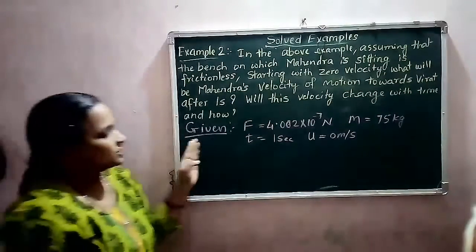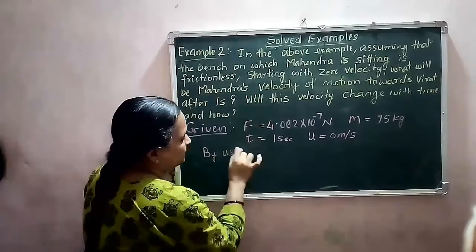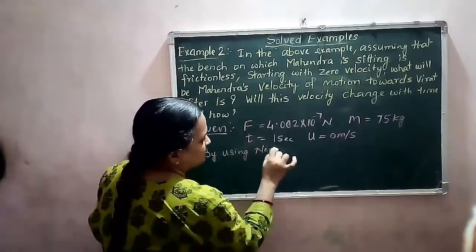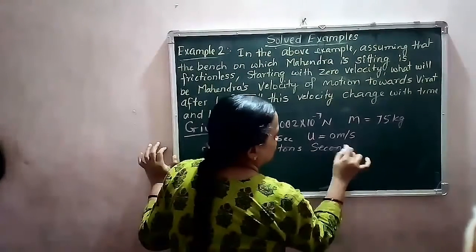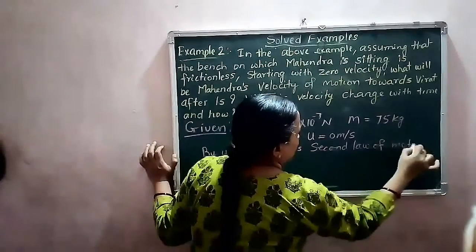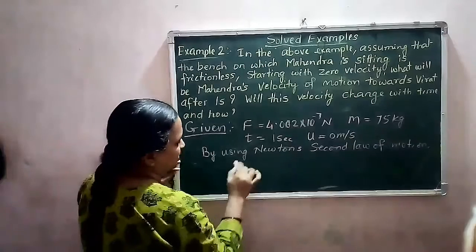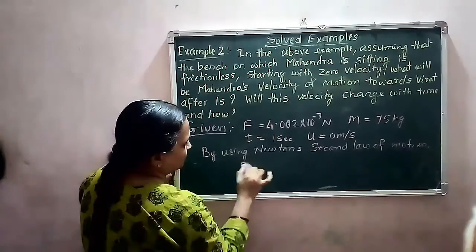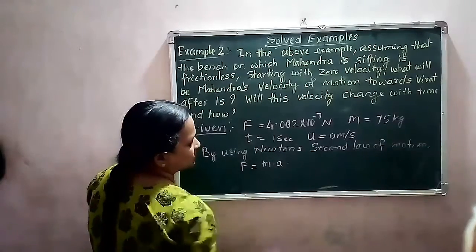Now, by using Newton's second law of motion, first of all, we are finding the acceleration. F is equal to mass into acceleration.